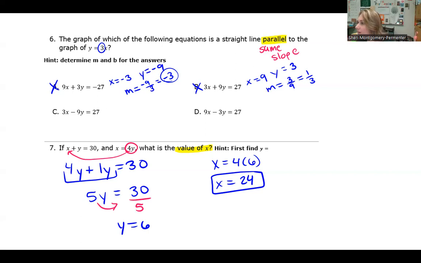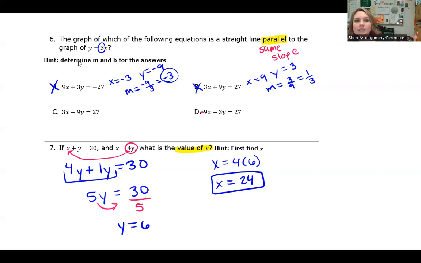Because we would get an answer that would be negative. So what we're going to do is put a little negative in front of the D.